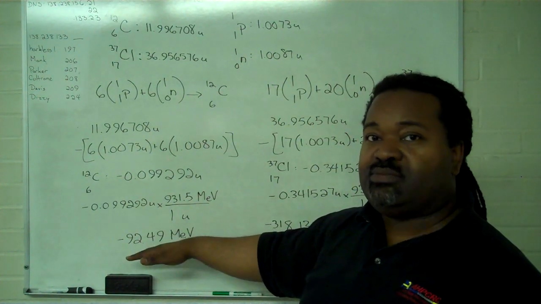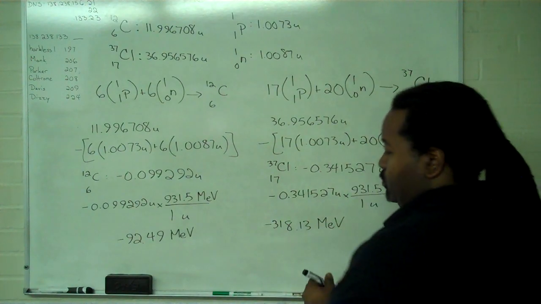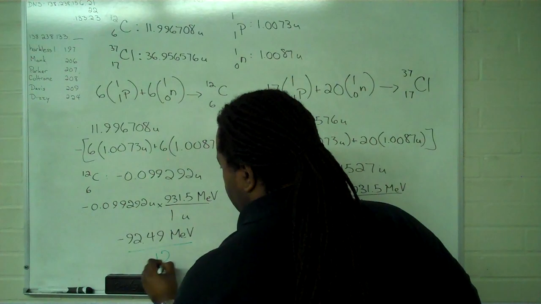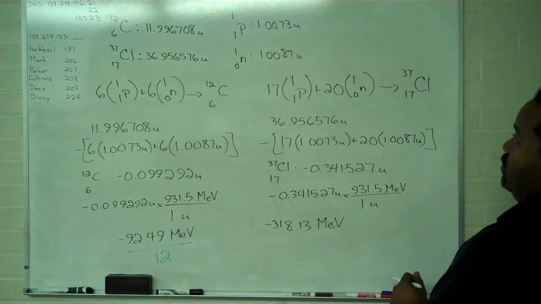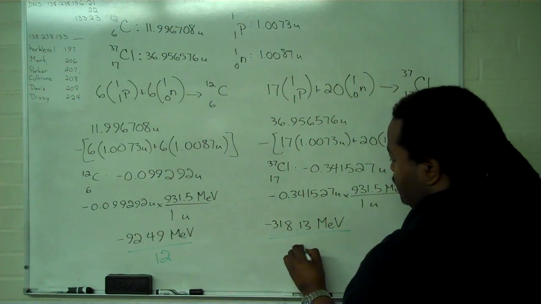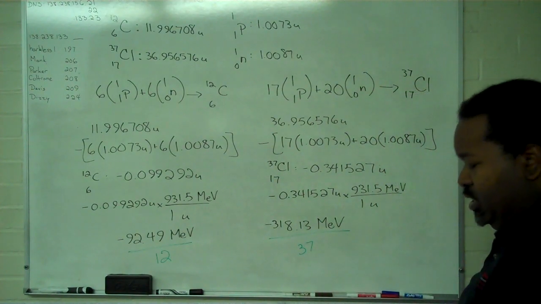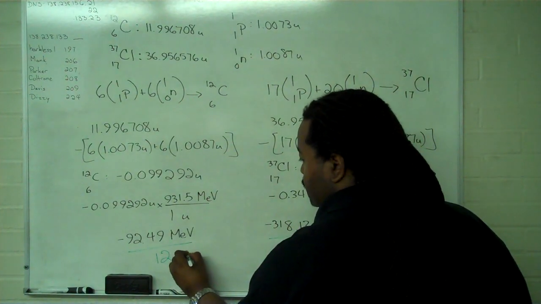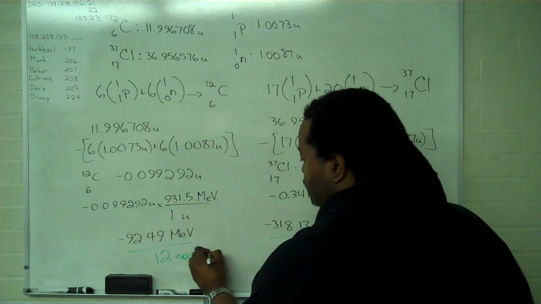So we would divide this by 12. And because there are 37, we'll divide by 37. And that'll give us the binding energy per nucleon.